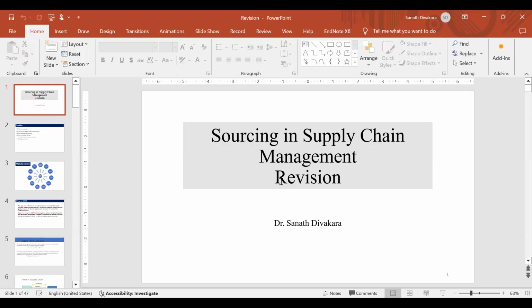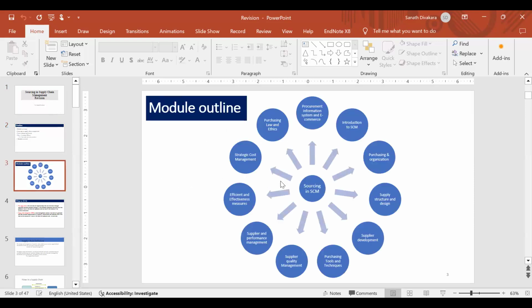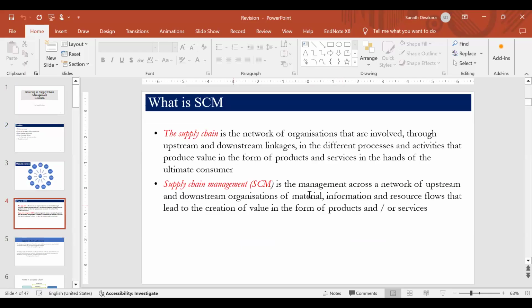Let's say the supply chain definition says flows and processes. Here you find a definition: supply chain management is the management across a network of upstream and downstream organizations of material, information and resource flow that leads to the creation of value in the form of product and or service, right?